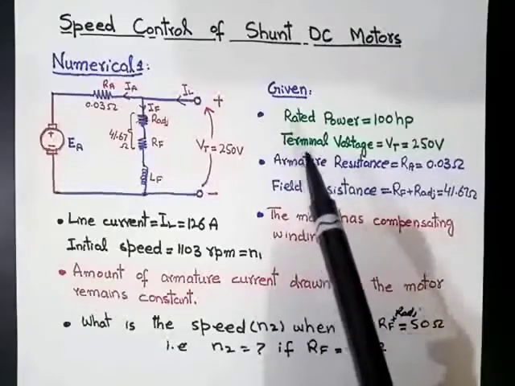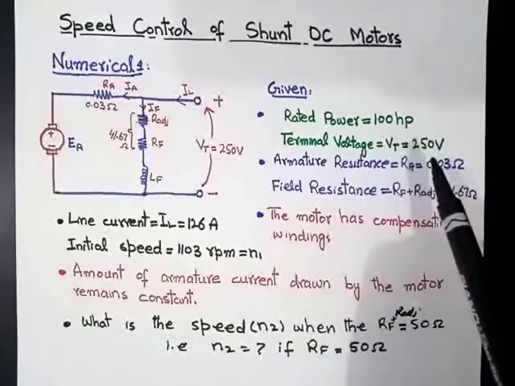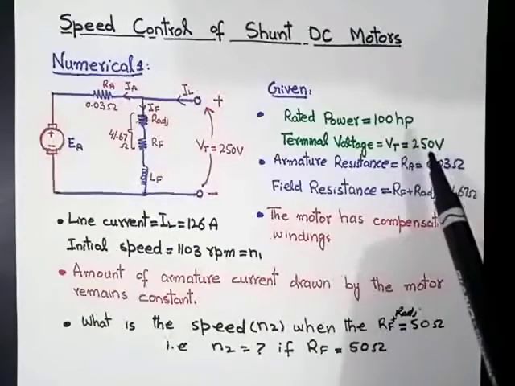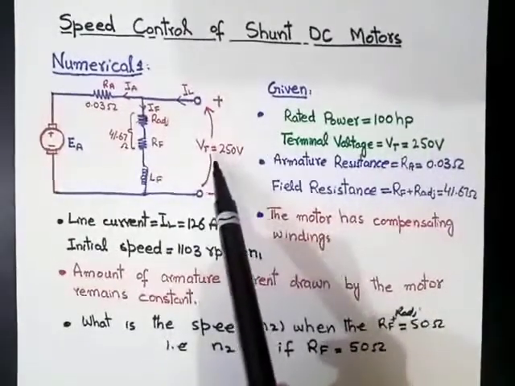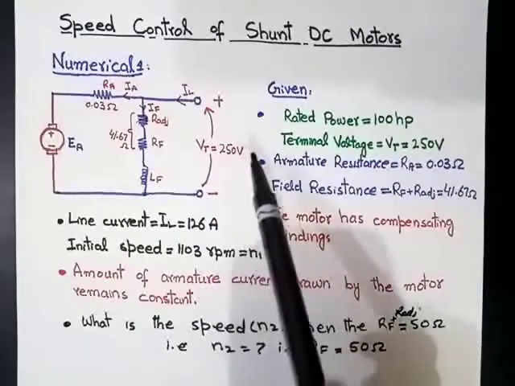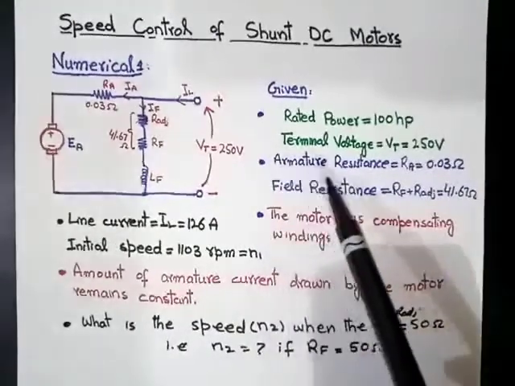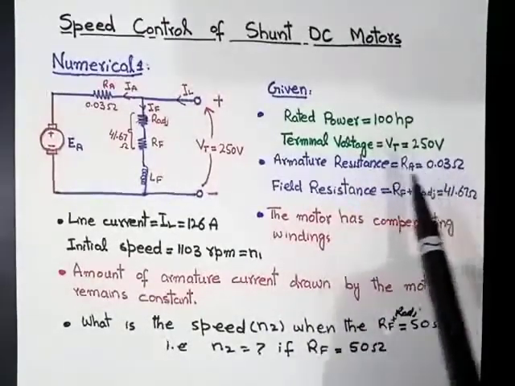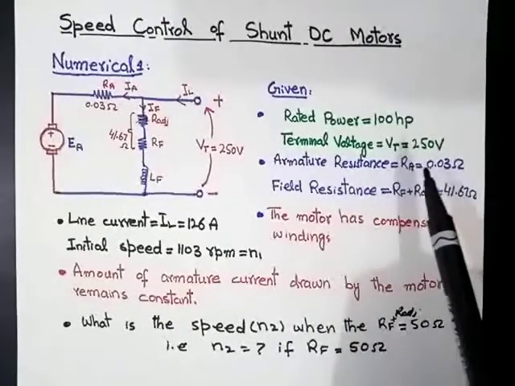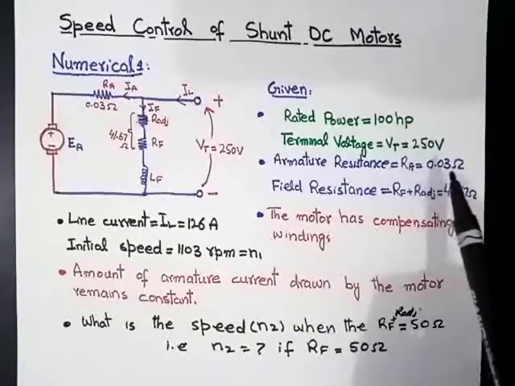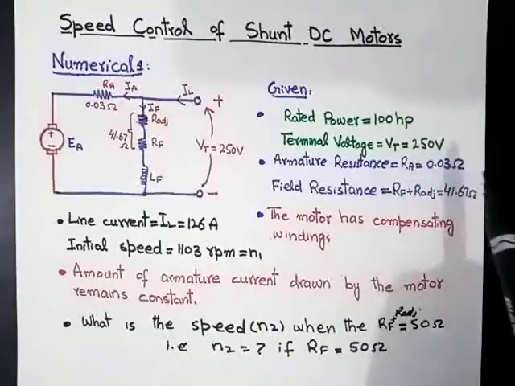The terminal or input voltage Vt is equal to 250 volt, and the value of armature resistance Ra is equal to 0.03 ohm.